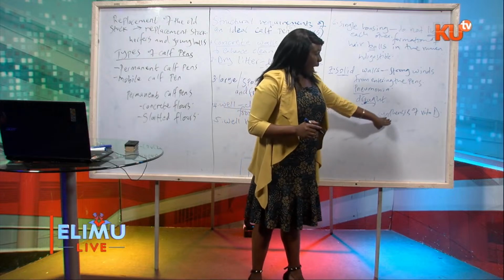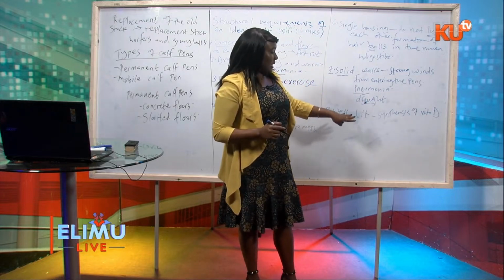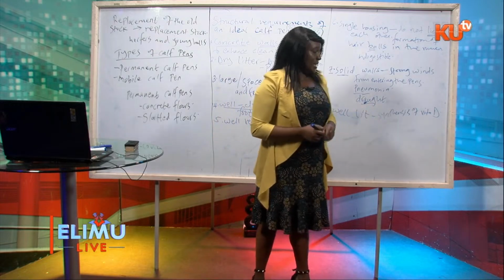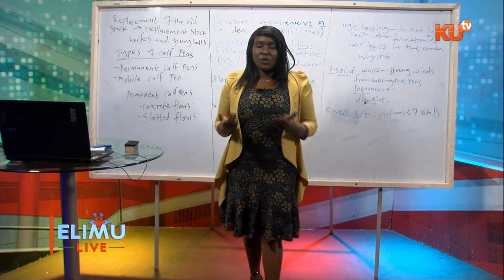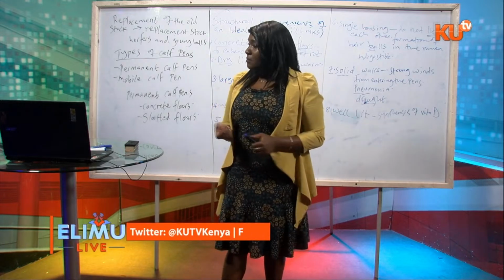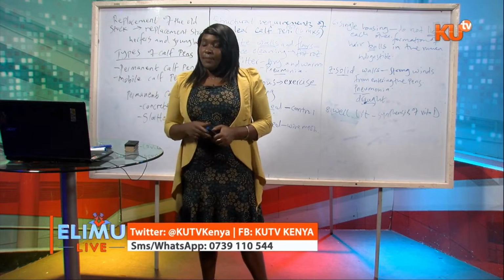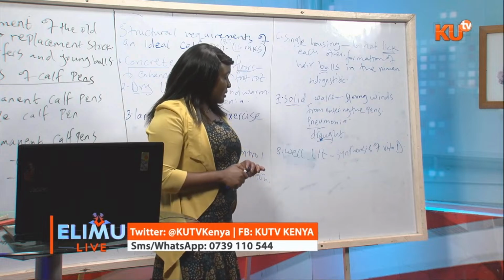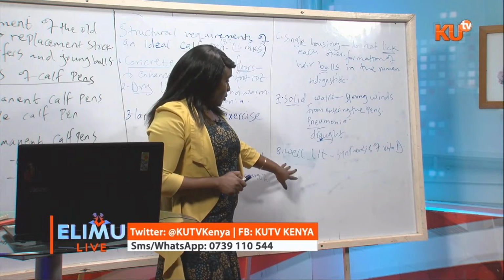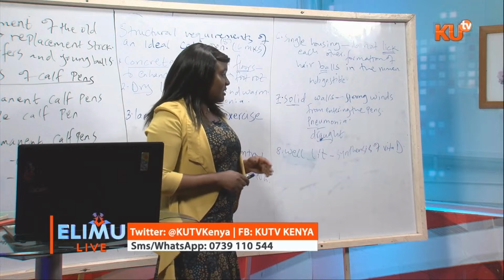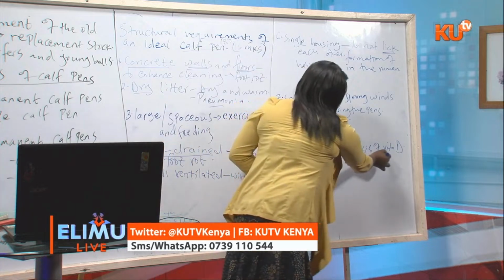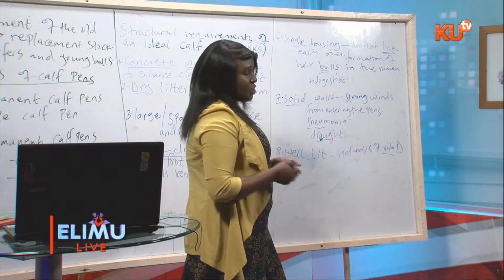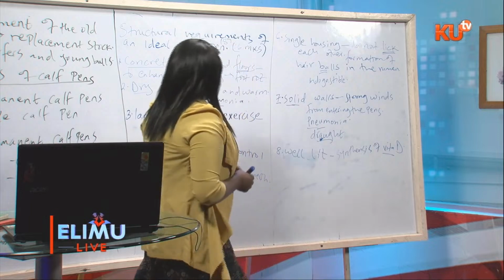So we need to know why we need to keep the calf pens lit for the purpose of synthesizing vitamin D. They require that synthesis. I am expecting that response, and I'm looking forward to seeing the right one. The deficiency of vitamin D causes which particular condition in livestock animals?